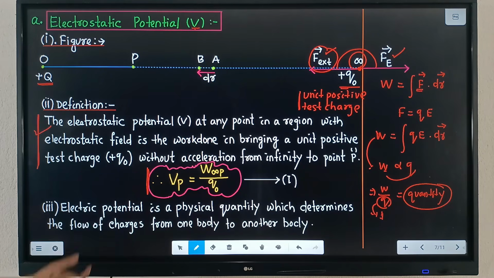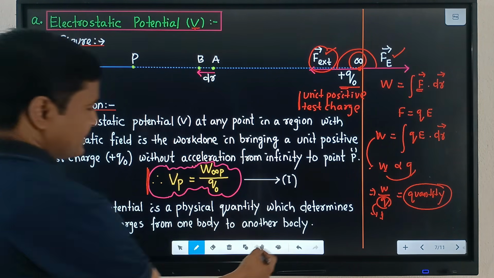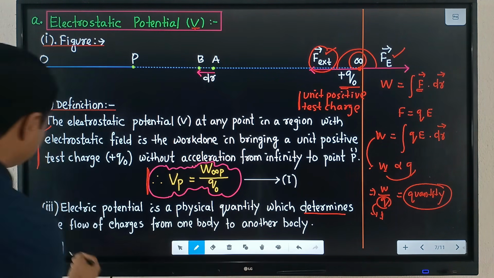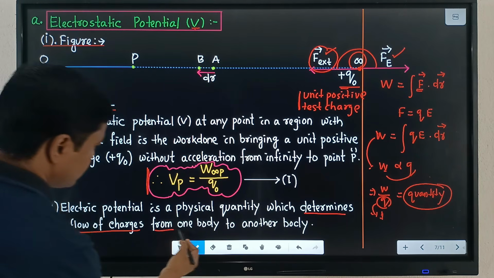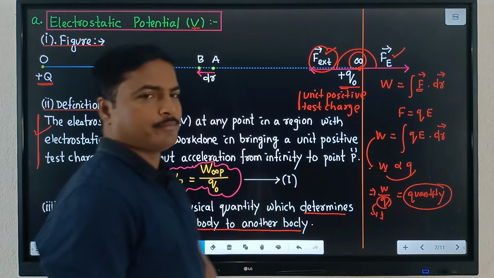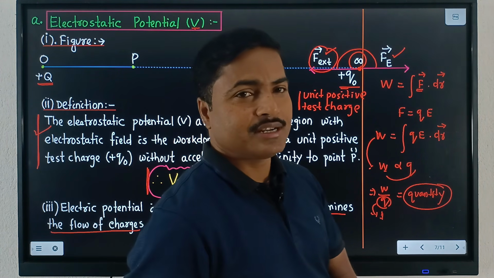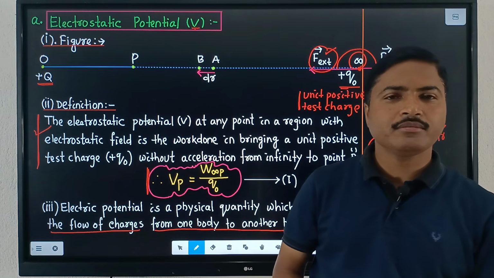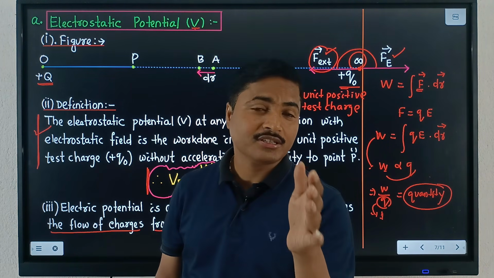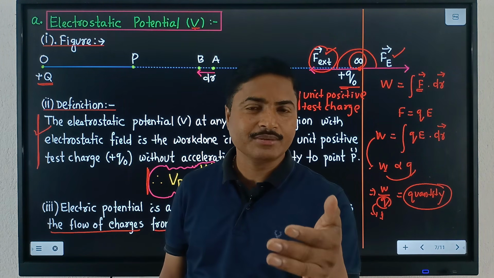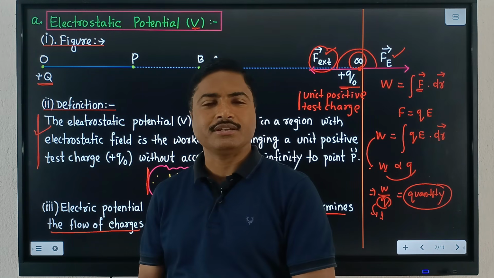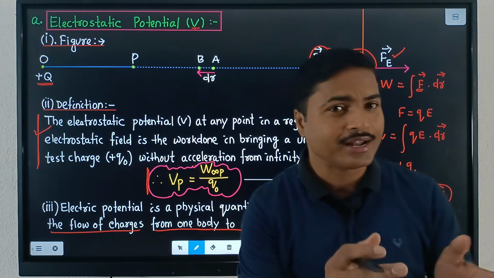Clear? And electric potential is a physical quantity which determines the flow of charge from one body to another body. Charge may be positive charge or negative charge.